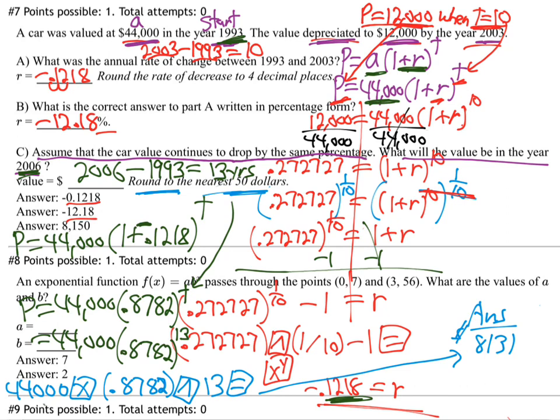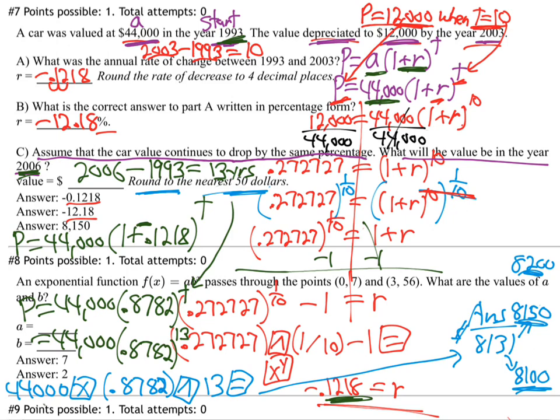So in $50 increments, if you go up, it would be $8,150. If you go down, it's $8,100. Those are going by 50s, right? $8,100, $8,150, $8,200, etc. Going by 50s.